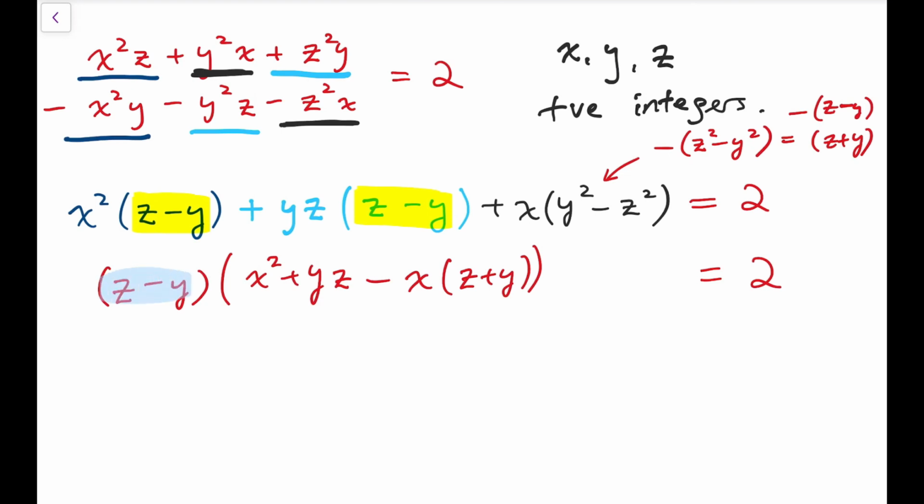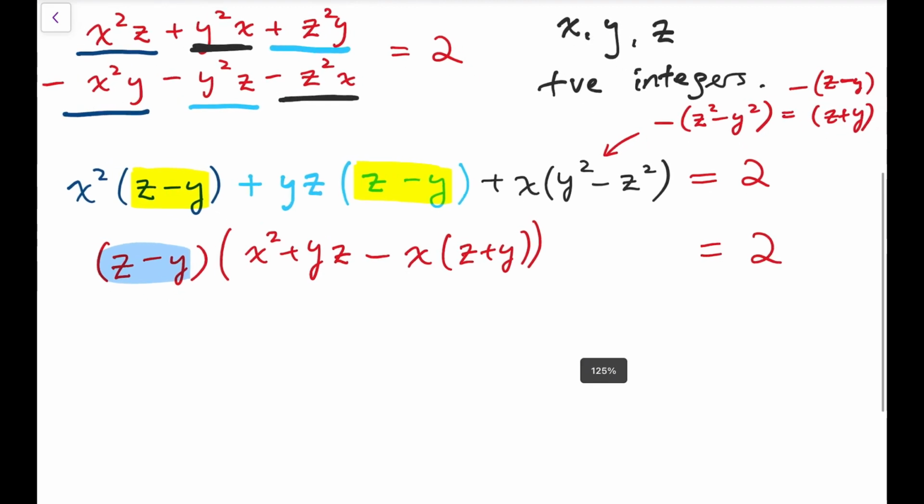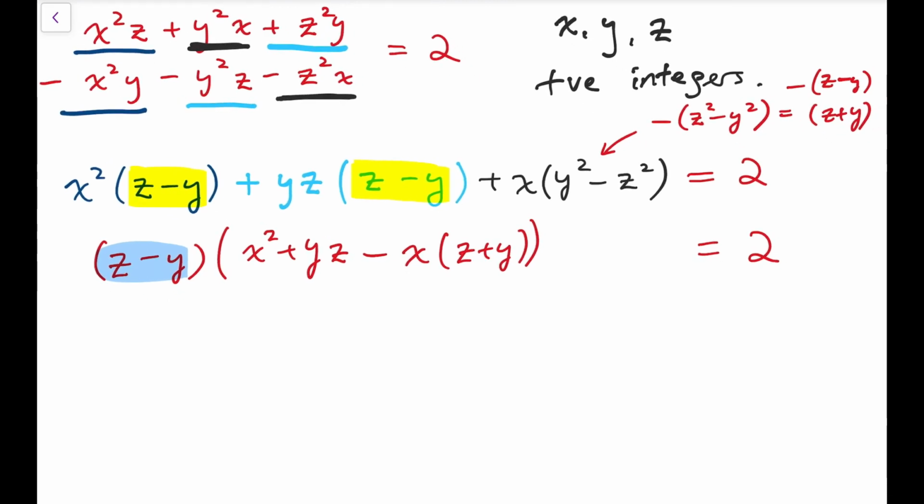Now at this point, we know that the expression z minus y must be a factor of 2, either positive or negative, but it's still just 4 possible values: -2, -1, 1, or 2. 4 very small possible values. But apart from saying that z minus y is equal to one of the factors of 2, I can even proceed a little further by factorizing the terms inside the other bracket.